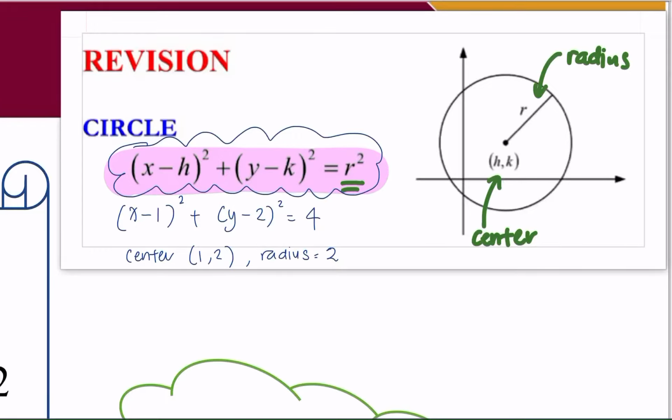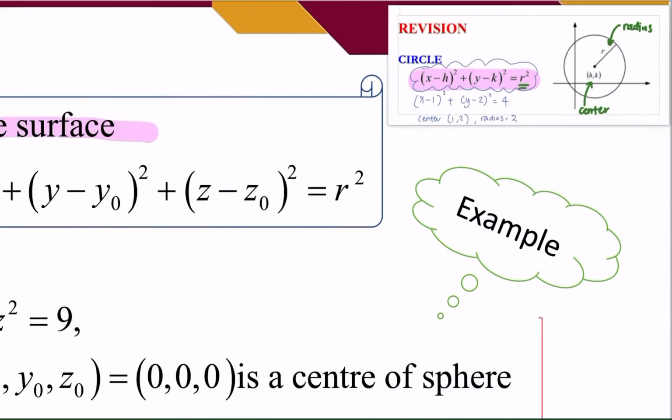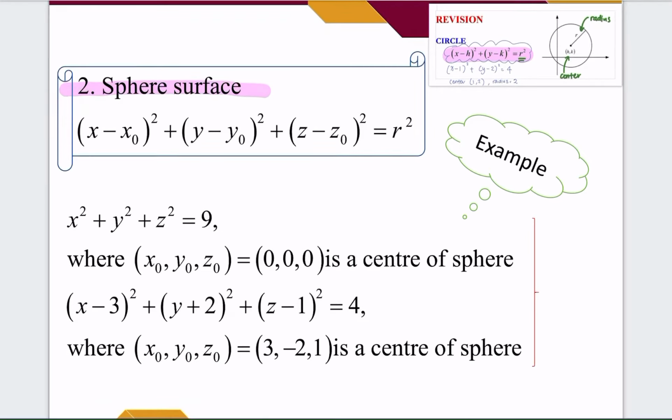Alright, so now we move back to the sphere surface. Let's say we have this example: x squared plus y squared plus z squared equal to 9. For the sphere surface, the standard equation is this one, meaning that we have x naught, y naught, and z naught as the center of the surface, and r is still the radius of the sphere.